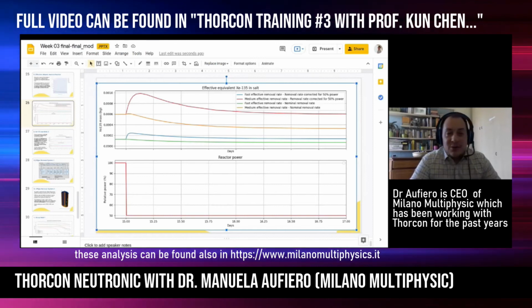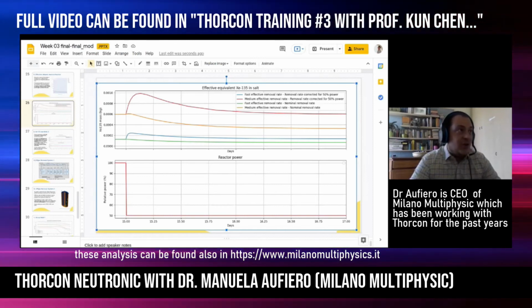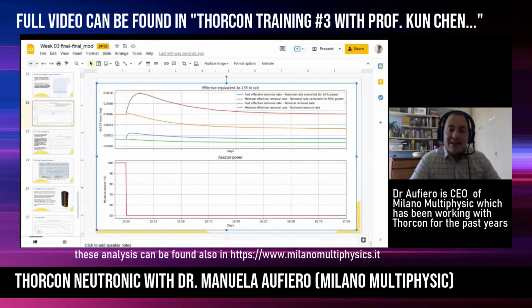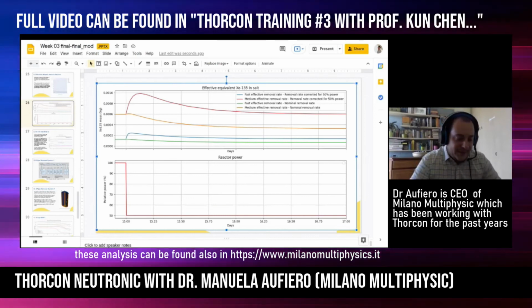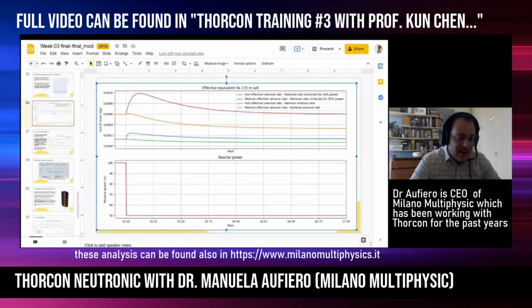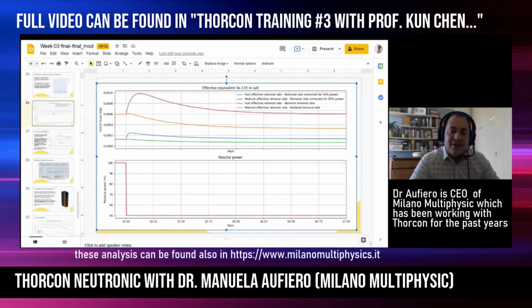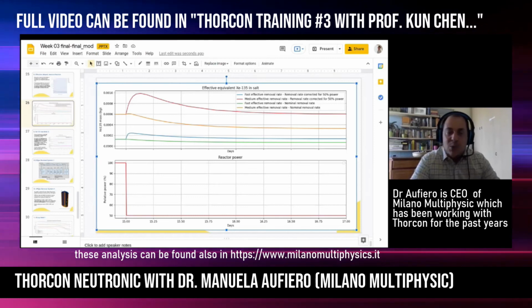In a circulating fuel reactor, and specifically in the ThorCon reactor, where the ether tank plays the role of removing gaseous fission products, the calculation of the effective content of xenon-135 is more difficult.